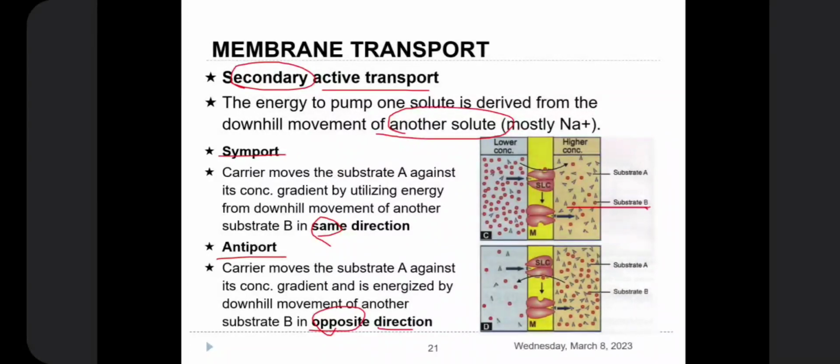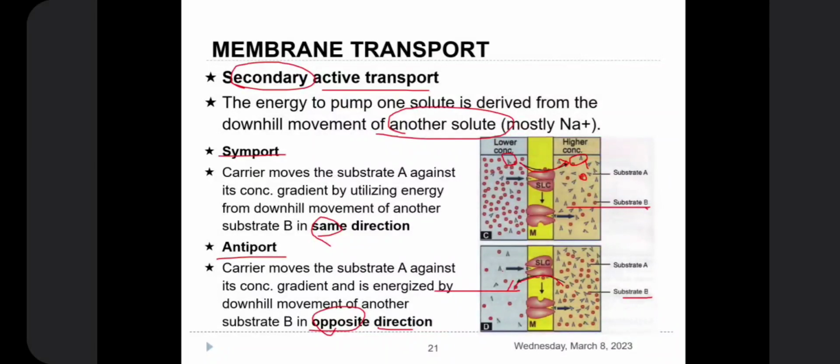Here, substrate B's movement will supply the energy. You can see it goes from the high concentration to the low concentration, and this produces energy. After the movement of substrate B, it supplies energy, and this energy helps substrate A move from the low concentration to the high concentration.